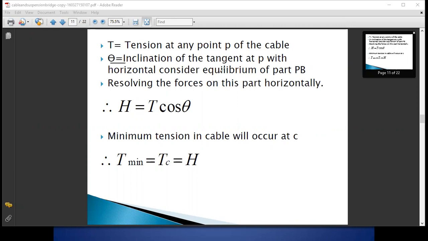So theta is the inclination of tangent at P with horizontal, considering the equilibrium part of PB.